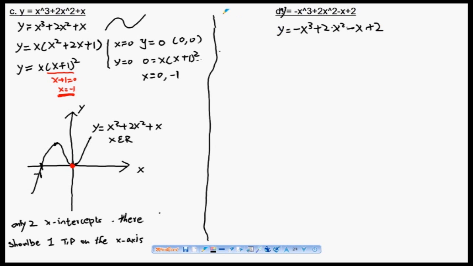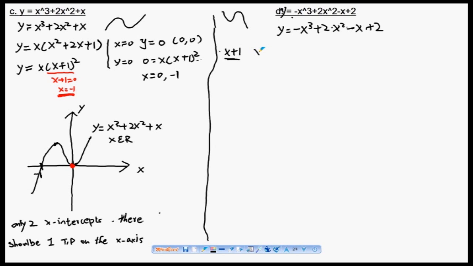The shape of the graph is this because of the minus coefficient of x cubed. We have to factorize it by trial and error and long division. Let's assume the factor is x plus 1.